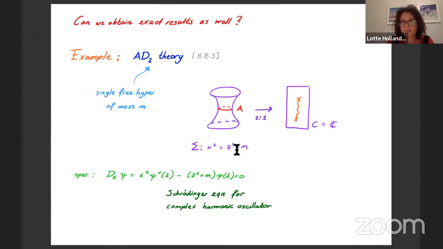Well, our first example will be again this A2 theory, because it's really such a nice simple theory. So remember that the Seiberg-Witten geometry was characterized by these two surfaces, and that the corresponding Hamiltonians or Schrödinger equations were those of a complex harmonic oscillator.